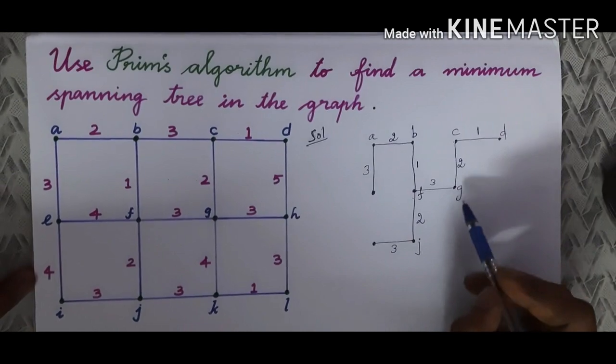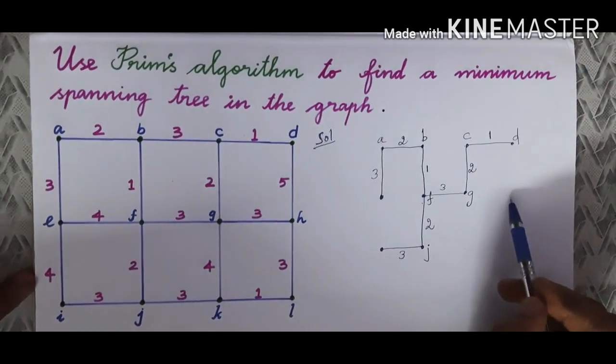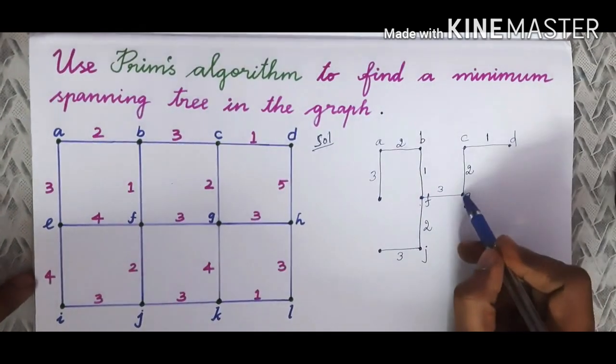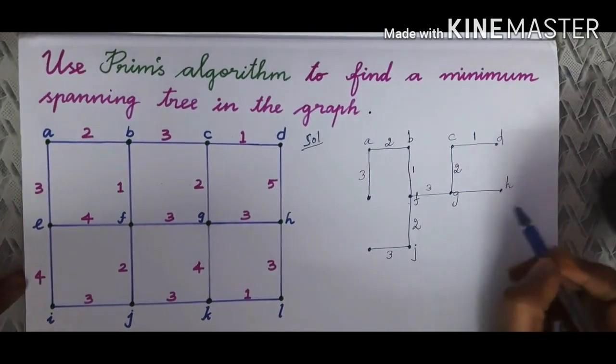So now from G you can go to H, or from D you can go to H. The minimum weight is from G to H. So I choose G to H. The weight is 3.